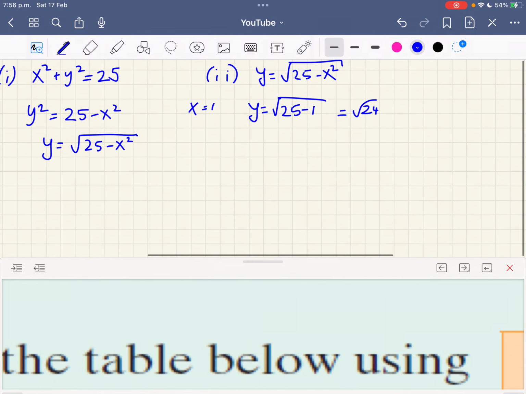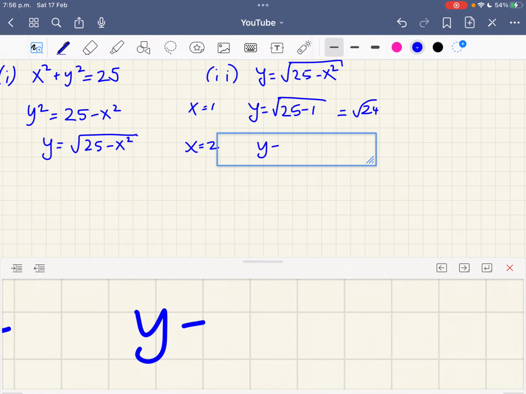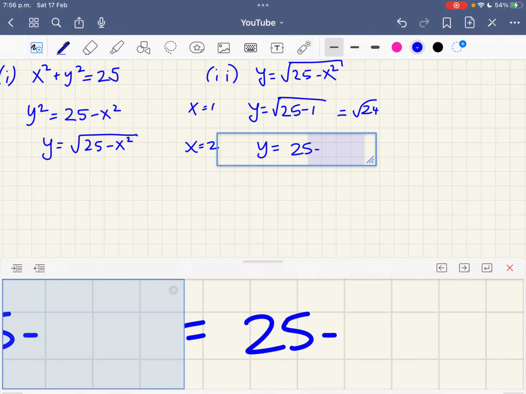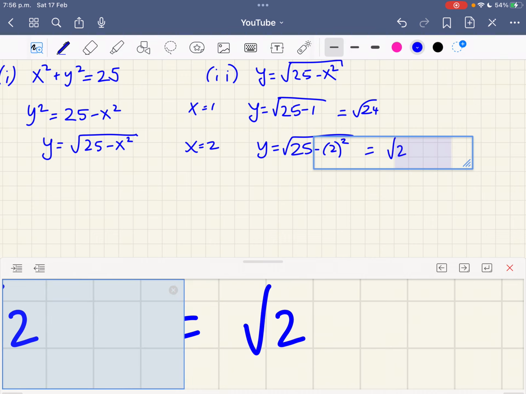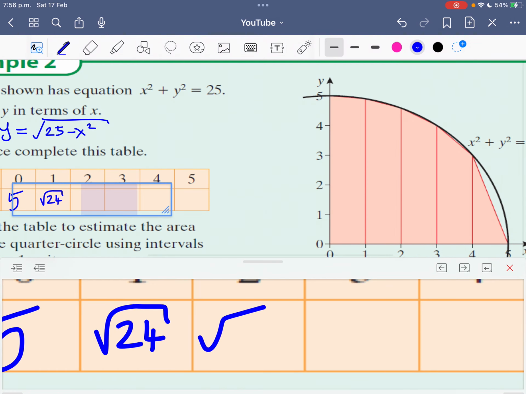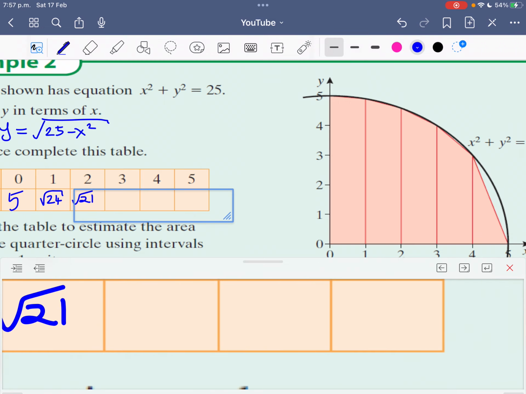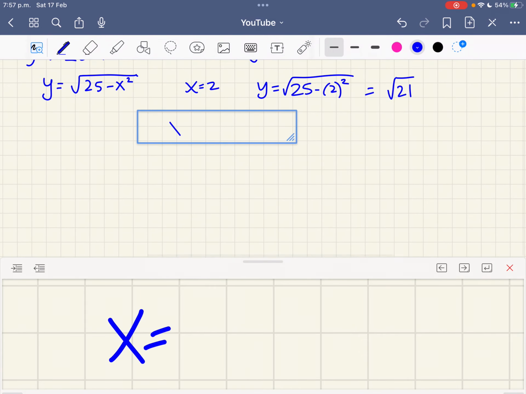Then when x is equal to 2, we have y is equal to the square root of 25 minus 2 squared, which is 4. So that is 25 minus 4, which is the square root of 21. And so on with the rest of these. You could show your workings and sub in 3. Well, we'll do that one as well.